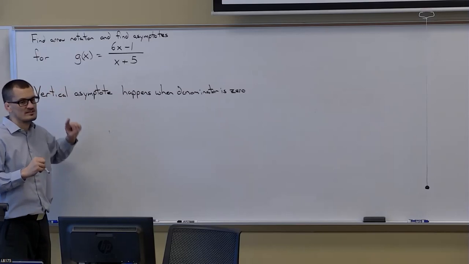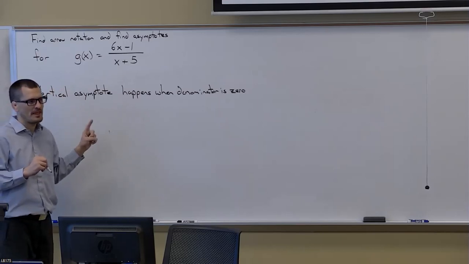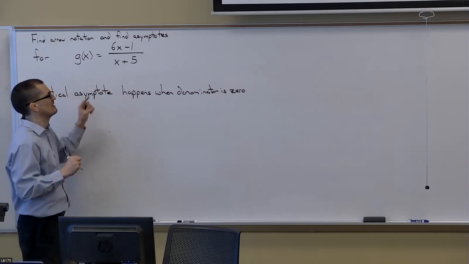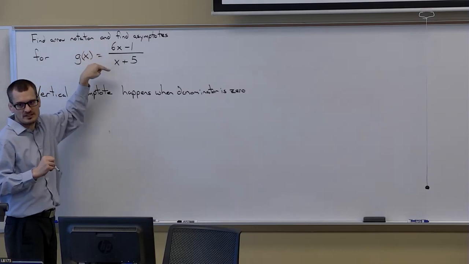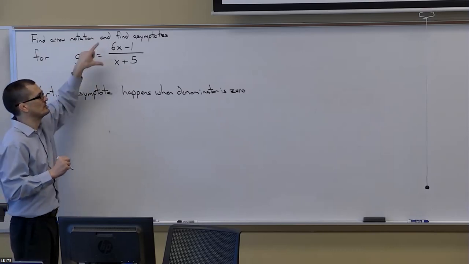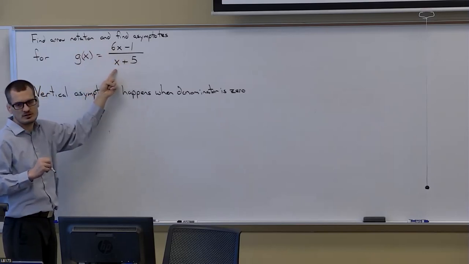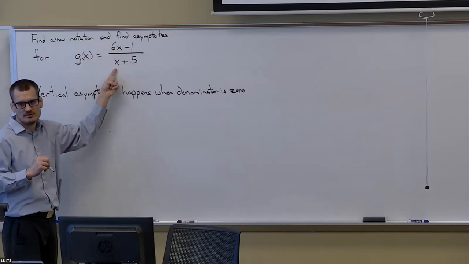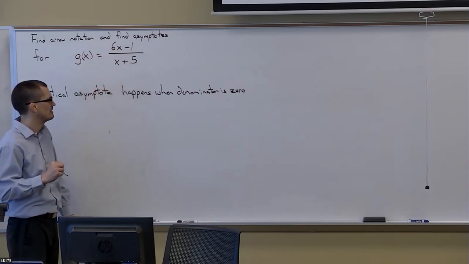There is one exception to when the denominator is 0, and the only exception is if there is a common factor on top and bottom that needs to be eliminated. So if we've reduced our fraction, then vertical asymptotes happen when denominators are 0.